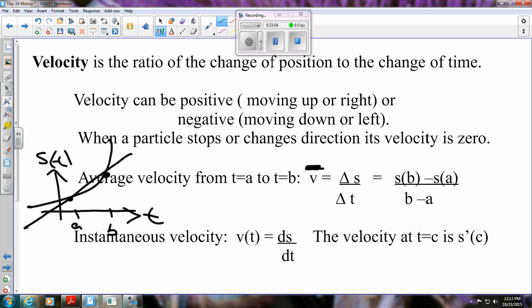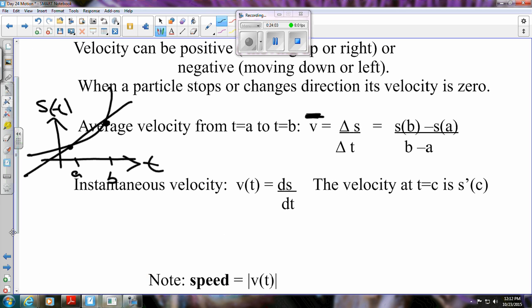But now, with calculus, you can find the instantaneous velocity, or what we call just velocity, which is not delta S over delta T, which implies that they're 2 different positions, 2 different times. We're going to find the slope at a single point.